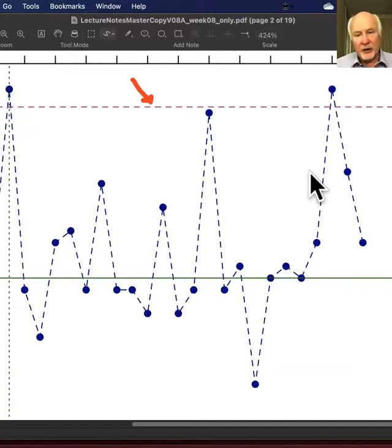So when you get an outlier, if you think you have a period of stability and things are under reasonable statistical control, and you then get an outlier, that's a real cause for concern. You'd be really worried about it.